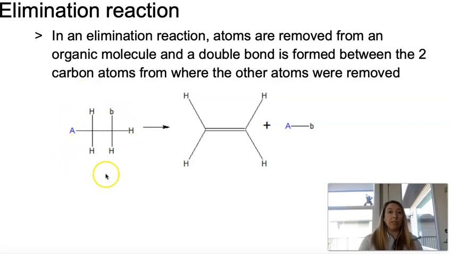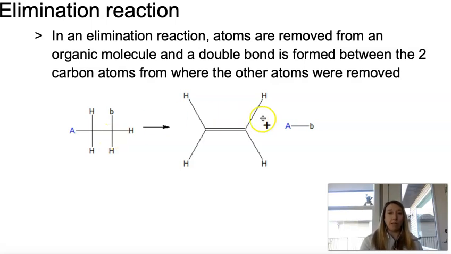So if you look here, we have a molecule which has some hydrogens, and then it's got an A and it's got a B. So what's happening in elimination is that A and that B are both coming off, and they are forming that small molecule. And then the carbon that sits here, as well as the carbon that sits here, becomes short one bond.